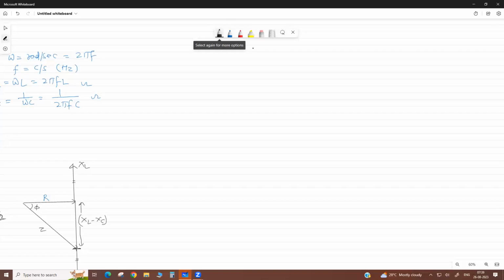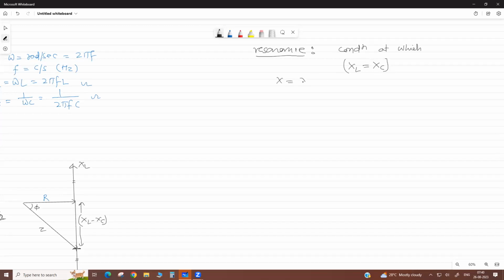Now you come to the resonance. What is resonance? Resonance in an AC circuit is a condition at which your inductive reactance equals capacitive reactance, or net reactance, XL minus XC, becomes 0.